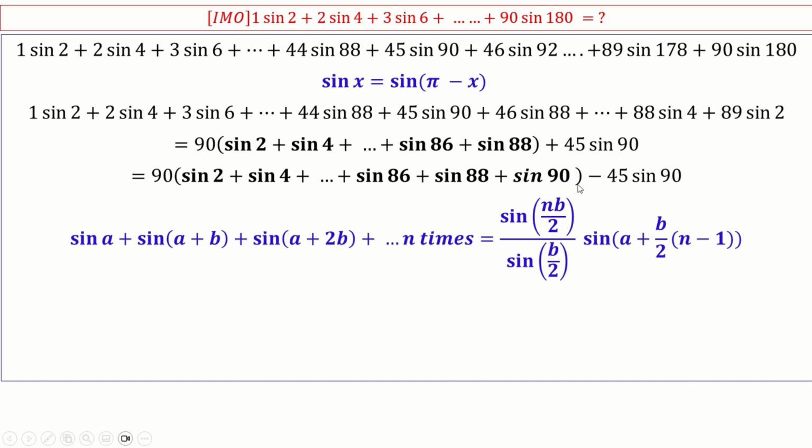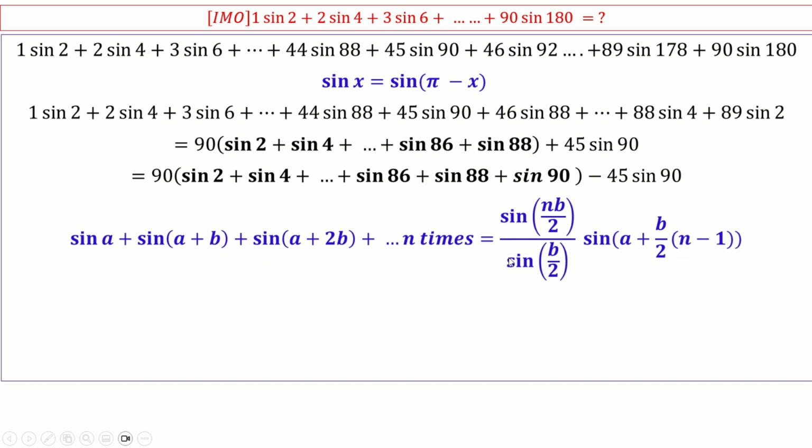The only thing is you have to remember this equation. If these angles are in arithmetic progression, that is sin A plus sin A plus B plus sin A plus 2B up to n terms, then the sum is sin of nB by 2 divided by sin B by 2 times sin of A plus B by 2 into n minus 1.